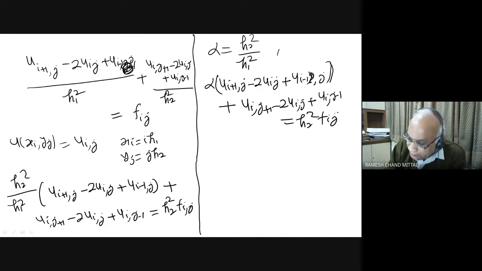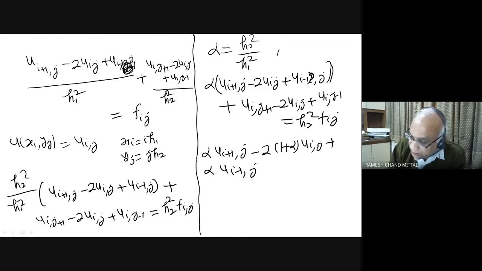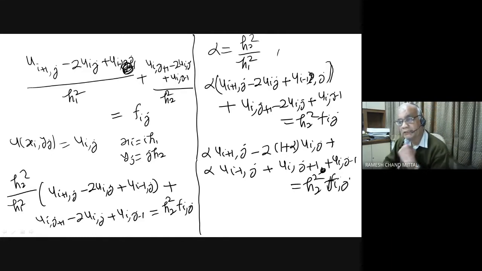If I expand it, what I have is alpha u_{i+1,j} - 2(1 + alpha) u_ij + alpha u_{i-1,j} + u_{i,j+1} + u_{i,j-1} equal to h2 square f_ij. So this is what I get. Anybody any issue, please?